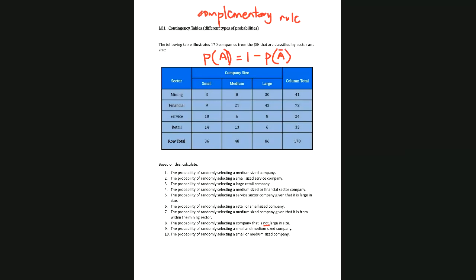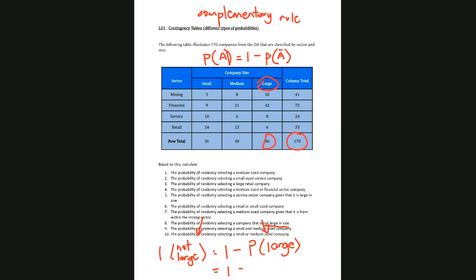Okay, so here, if you're saying what is the probability of selecting a company that is not large in size, we would say then the probability of selecting a company that is not large would be calculated by taking 1 minus the probability of selecting a large company, because the opposite of not large is large. So it's 1 minus the opposite, and the probability of selecting a large company is 86 out of 170.